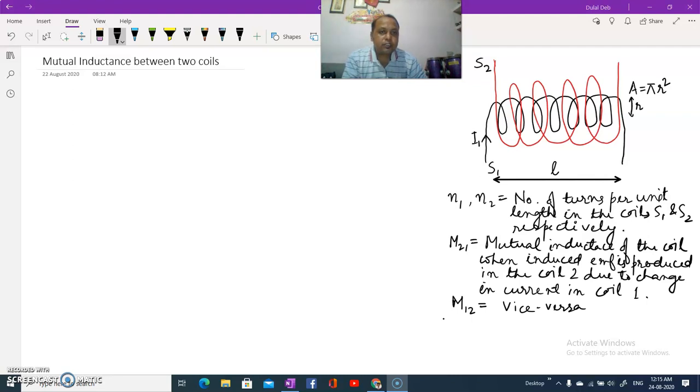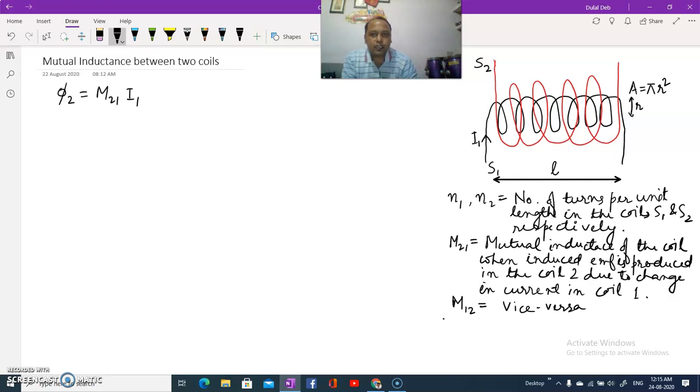First we are going to consider that the current I1 is flowing through S1. So first of all, let us find the flux linked with S2. The flux linked with S2, let it be given by phi 2, will be M21 into I1.